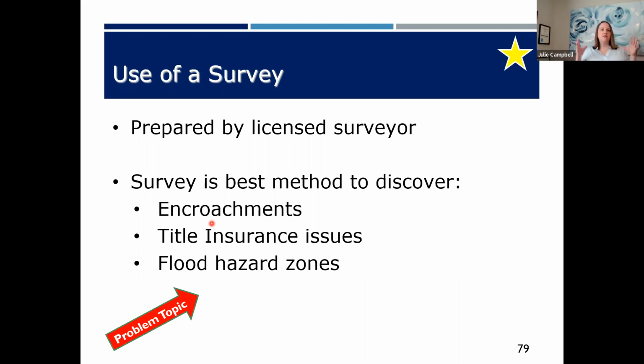The only way to know the property lines for sure is to encourage the buyers to have a survey. Buyers have inspections and investigations that they should be encouraged to do once we go under contract. We're going to talk about that, the things they should be encouraged to do, the contract to closing process. We're going to get to that when we get into unit 10.